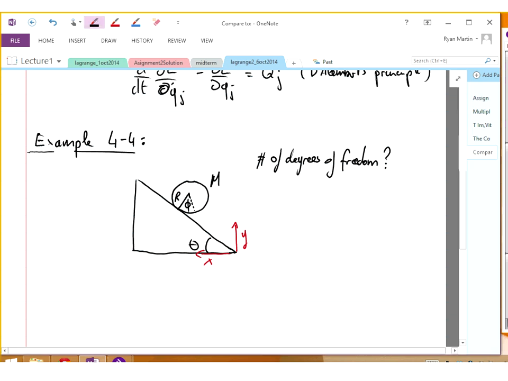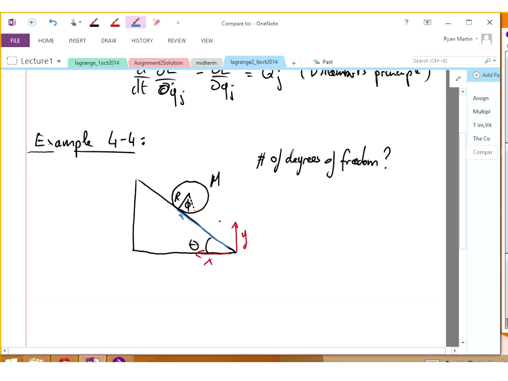So it's rolling without slipping. So if it's rolling without slipping, there's only 1 degree of freedom, right? You can tell where it is on the plane, and you can choose whatever you want. You could say the distance r from the contact point to the origin, and you could use that as a generalized coordinate.